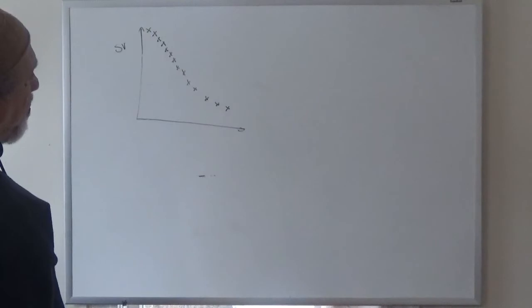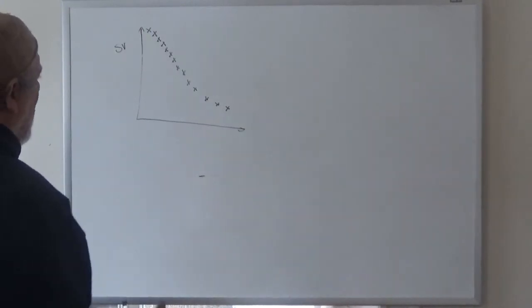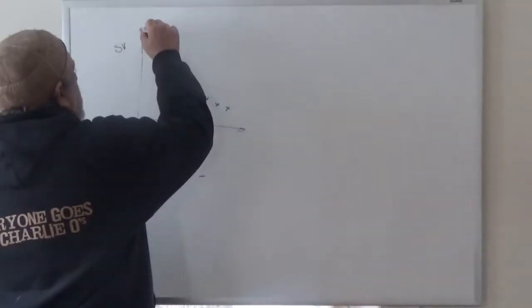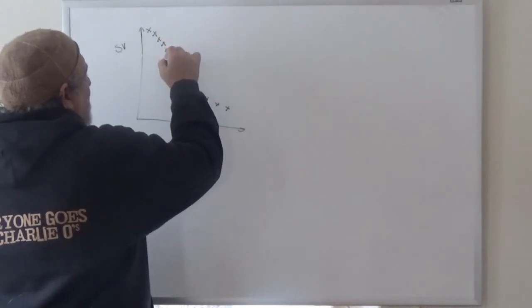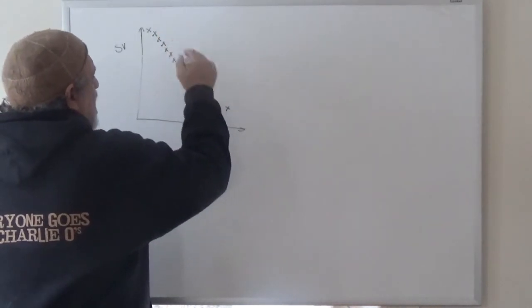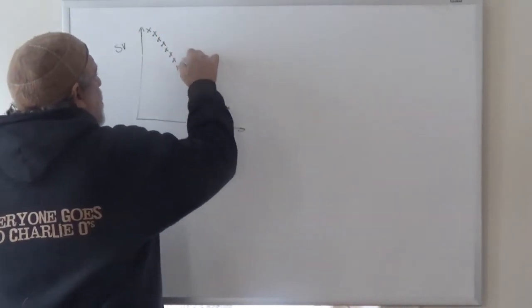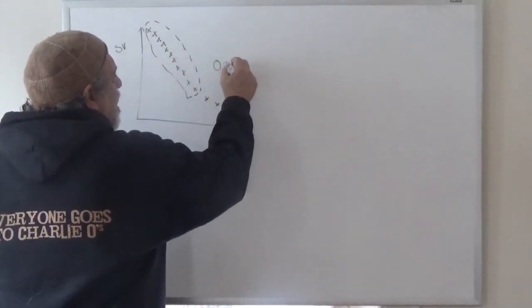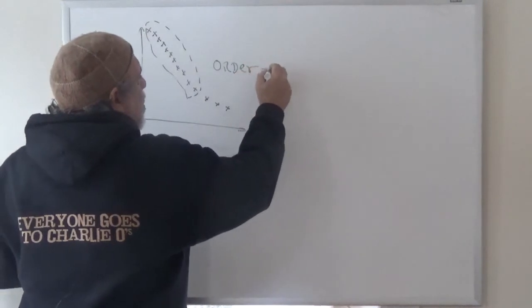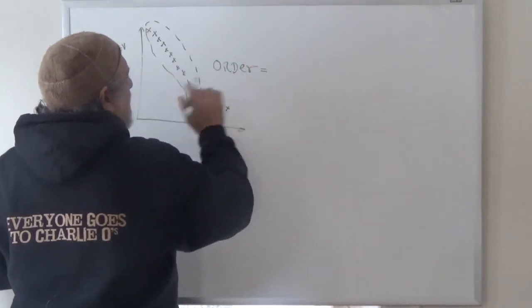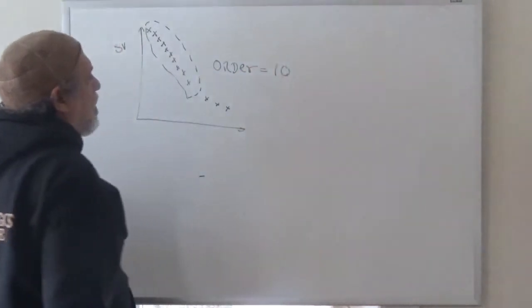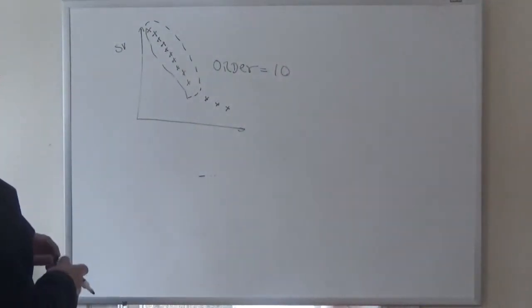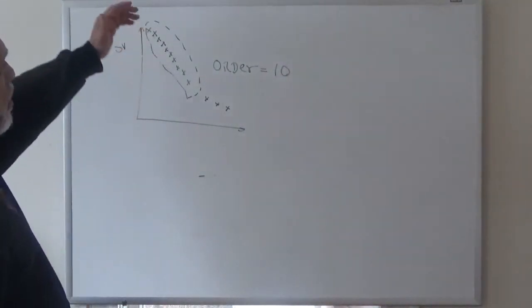So you say, okay, 1, 2, 3, 4, 5, 6, 7, 8, 9, 10, 11, 12, 11 or something. So you go like this. And you say order equals, actually let me say 10, so I don't complicate it with odd numbers on this first introduction. So I take the order of 10.